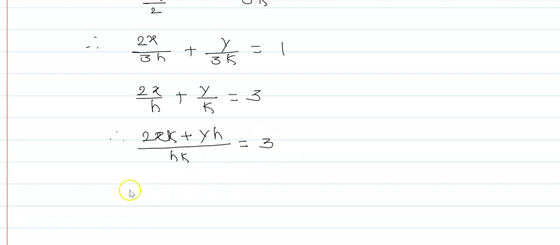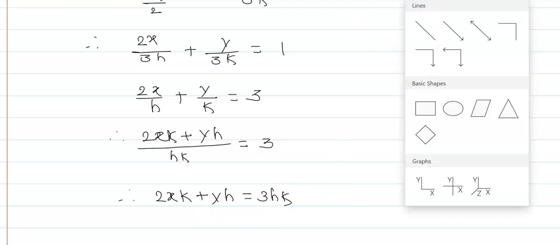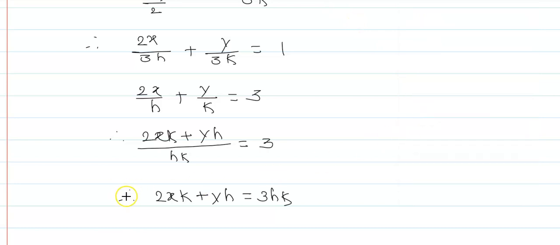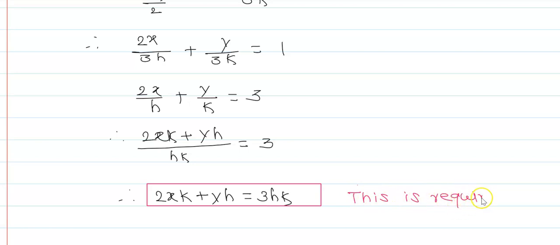Therefore, we can write 2xk plus yh is equal to 3hk. This is the required equation.